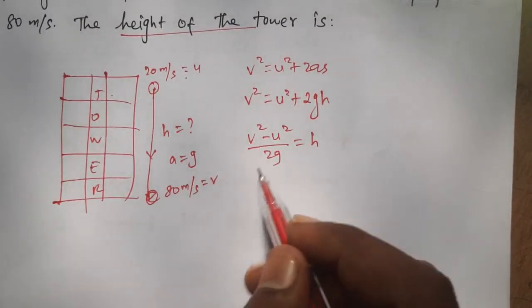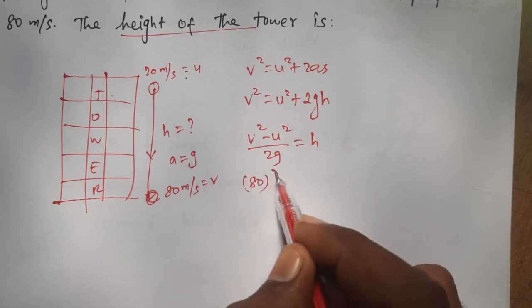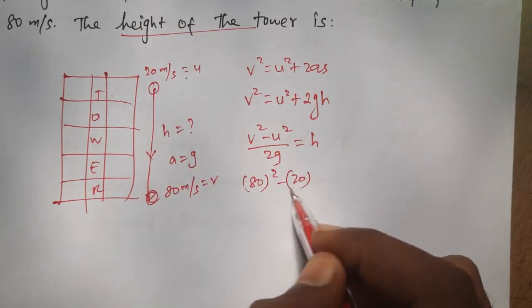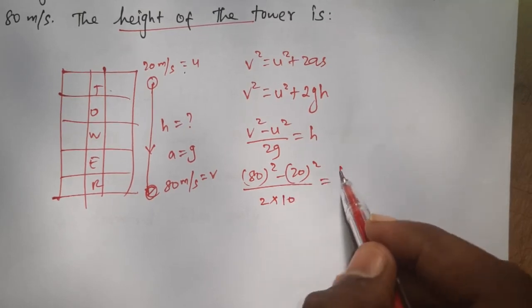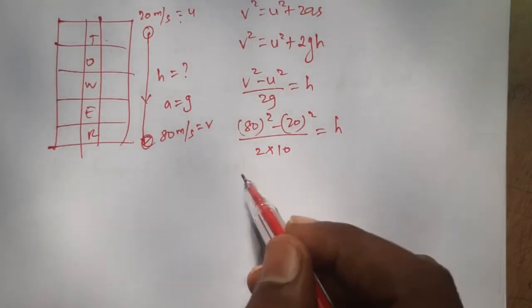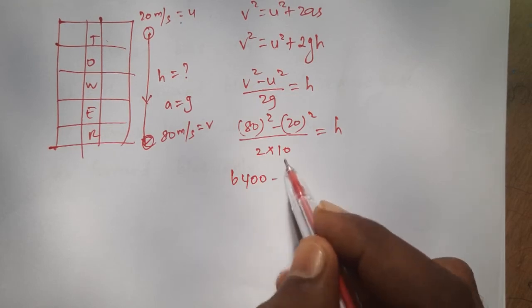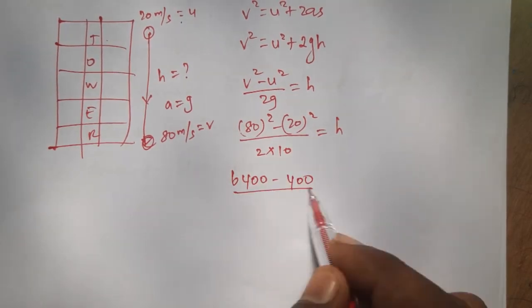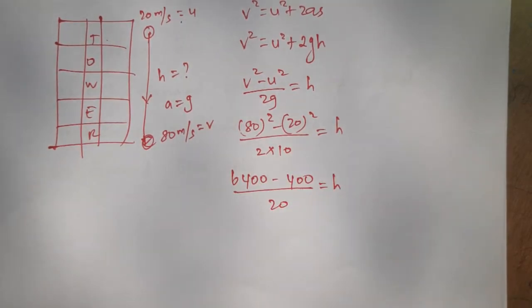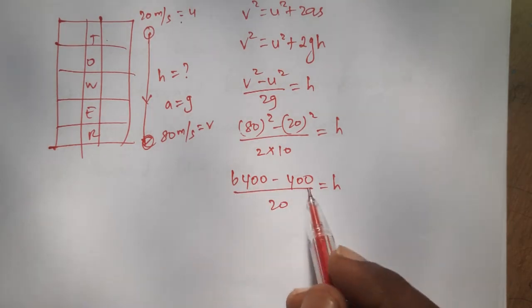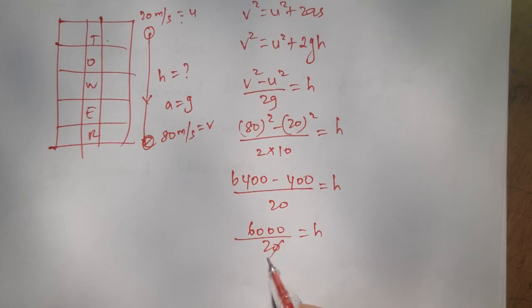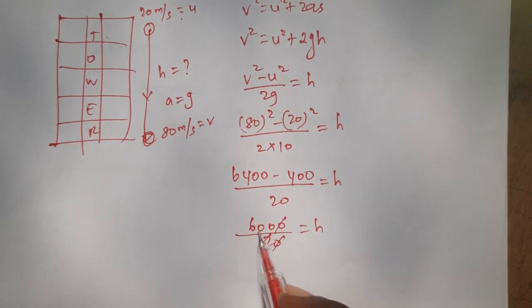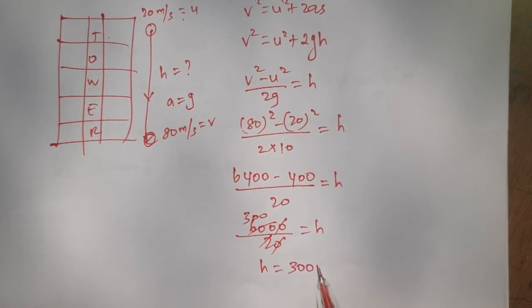So v value is 80 whole square minus u value 20 whole square, divided by 2 into g value, we know that is 10, equal to h. Now 80 square is 6400, minus 20 square is 400, by 20 is equal to h. Now 6400 minus 400 is 6000, by 20 equal to h. The zeros get cancelled. If we cancel, I'll get 300. So the height of the tower is 300 meter.